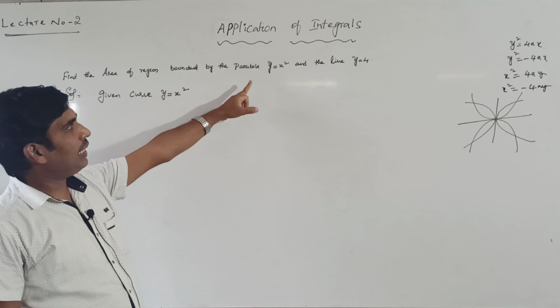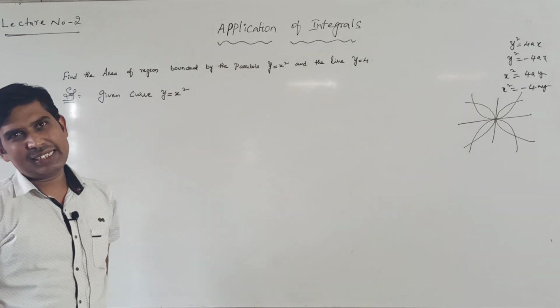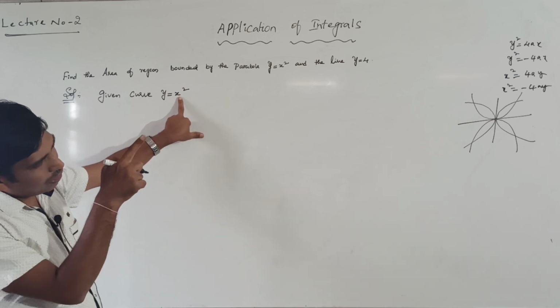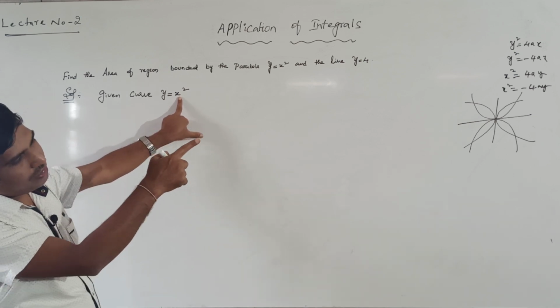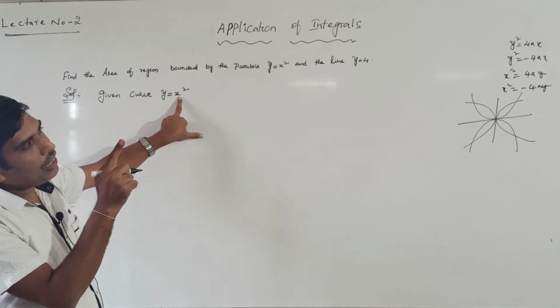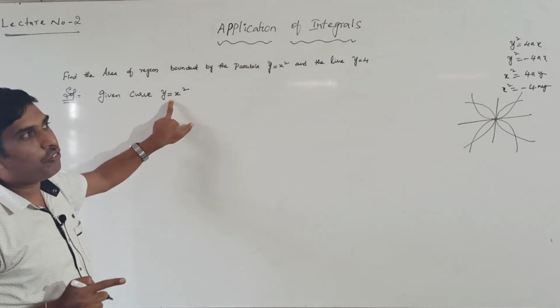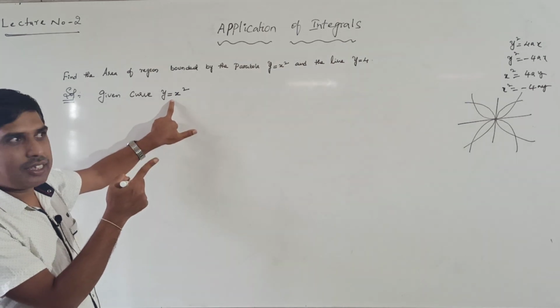So given y equals x square, y equals x square is a term in which equation? Third one or fourth one? The negative symbol is in the fourth one, but here there is no negative symbol, right? Therefore it matches the third one.